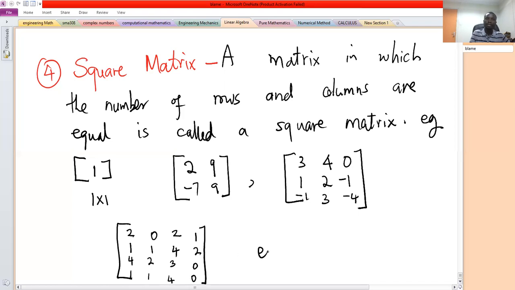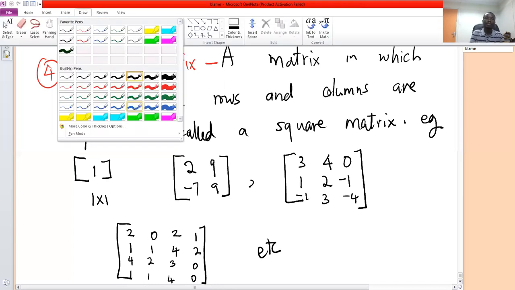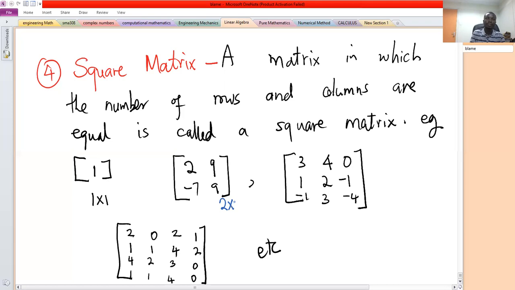All these are square matrices because the number of rows equals the number of columns. This is 2 by 2, this is 3 by 3, this one is 4 by 4.